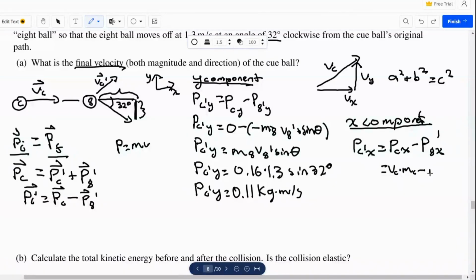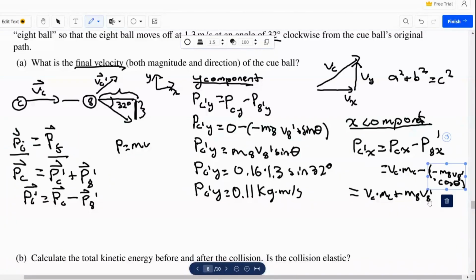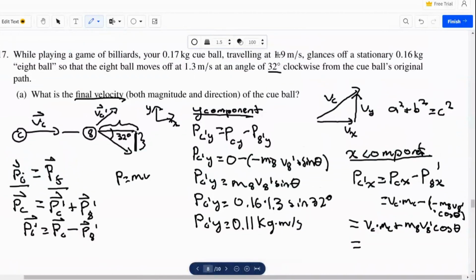So minus negative m8 v8 times cos theta. Let's move it here. That's going to give you vc times mc plus m8 v8 prime cos theta.